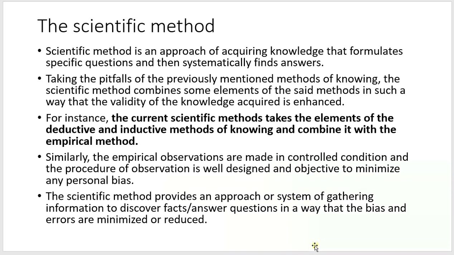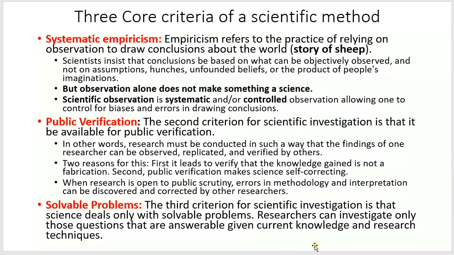So this is about the scientific method, and these are the three core criteria of a scientific method. The first, I have already said something about this. The first criterion is called systematic empiricism.